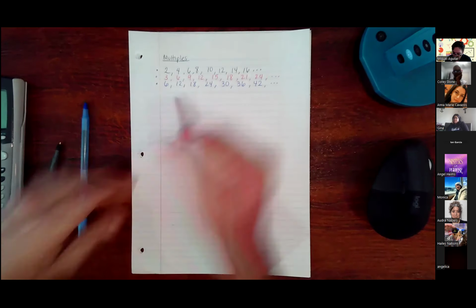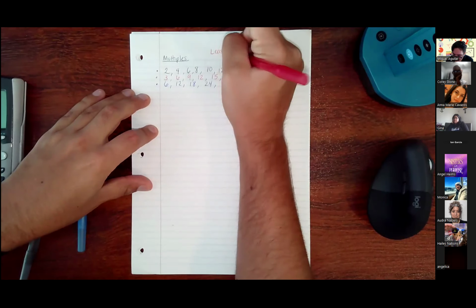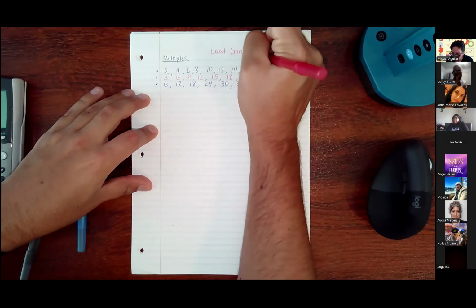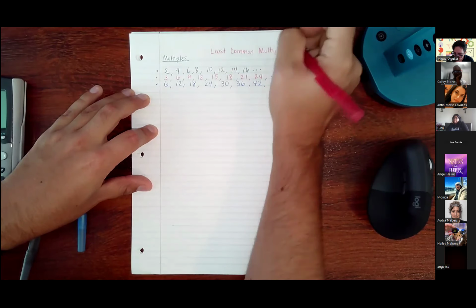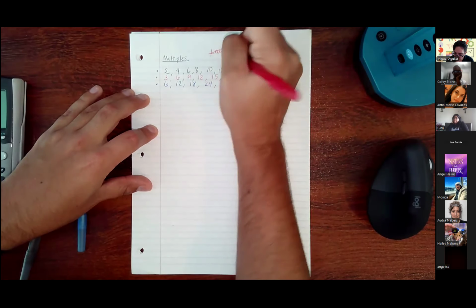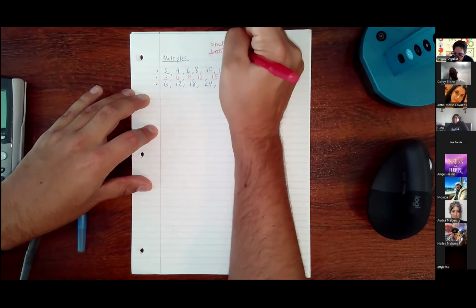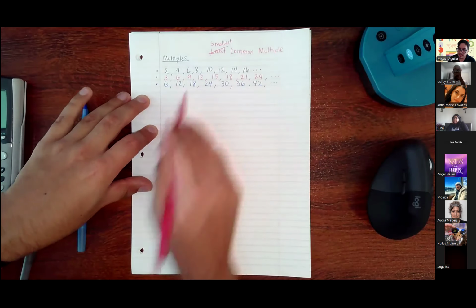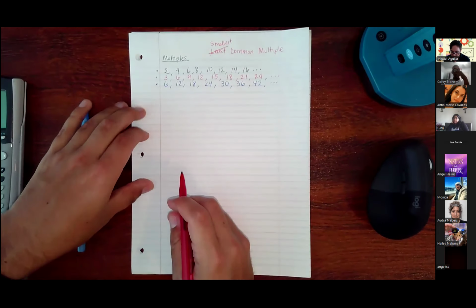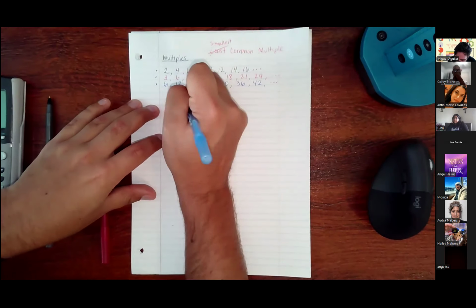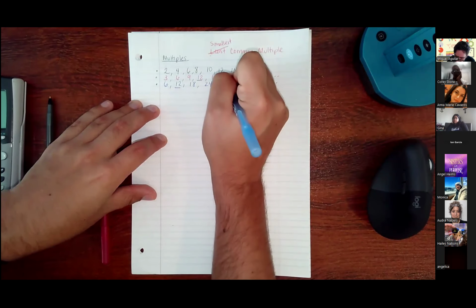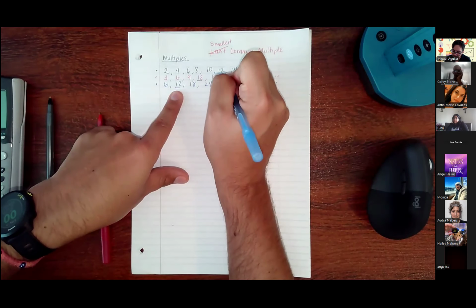So when we're finding the least common denominator, what we're really doing is looking for the least common multiple of the denominators. And so that is literally the smallest multiple that all of these lists have in common. So somebody said 12 earlier, and 12 is a common multiple here, but it's not the smallest common multiple.